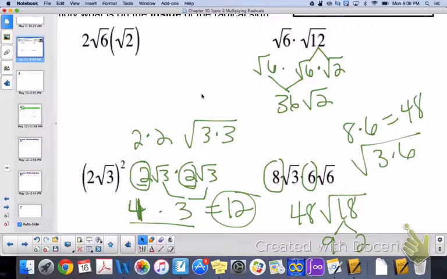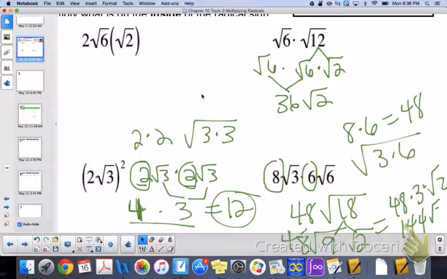So 9 times 2. The square root of 9 is 3. So you have 48 times 3 times root 2. 48 times 3 is 144, root 2, and that would be our answer.